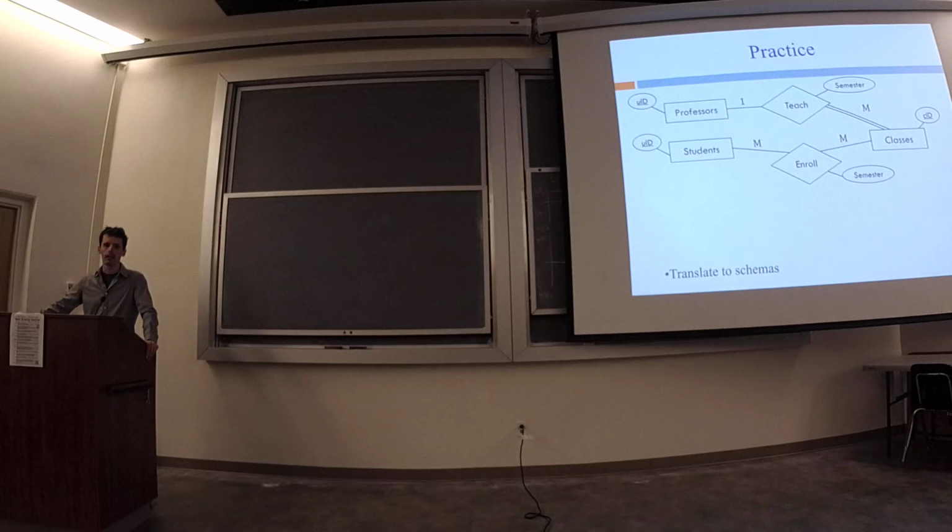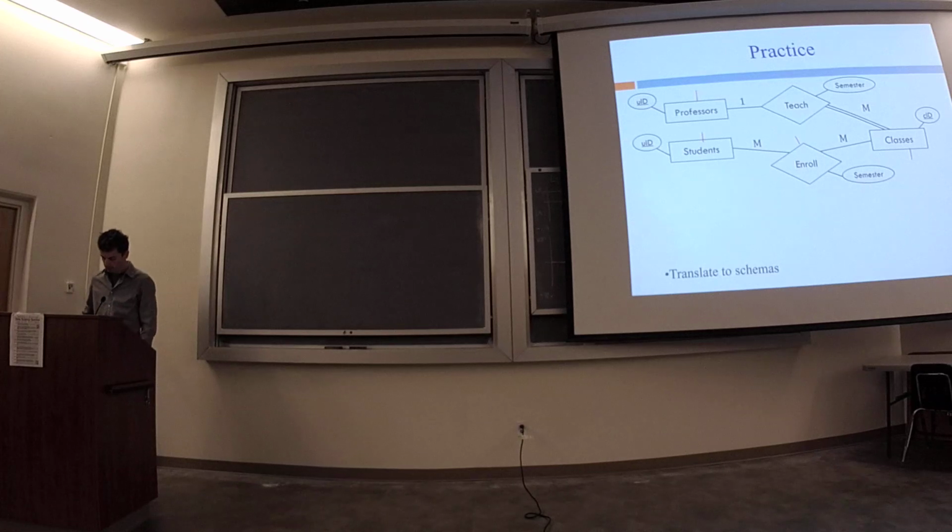First question: how many tables will there be? 4. Why 4? Every entity set gets its own table. And which relationship sets get their own tables? Many to many. Okay?